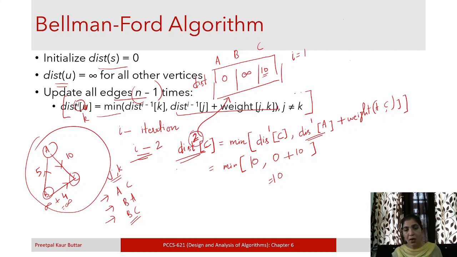It means now we were considering two intermediate edges, intermediate vertices, sorry. Because there are three vertices, at most your shortest path can contain n minus 1 edges, right?